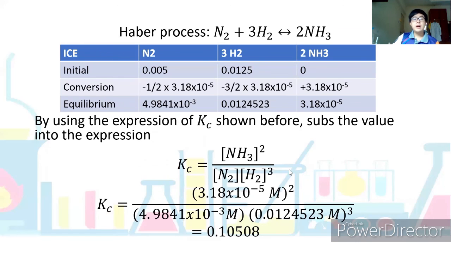So let us find the equilibrium of the Haber process of this question. The initial molar will be 0.005, 0.0125, and in the beginning, we don't have any ammonia, because at equilibrium, we'll get 3.18 times 10 to the power of -5. So let us count back the process. 1 mole of nitrogen will give 2 mole of ammonia.